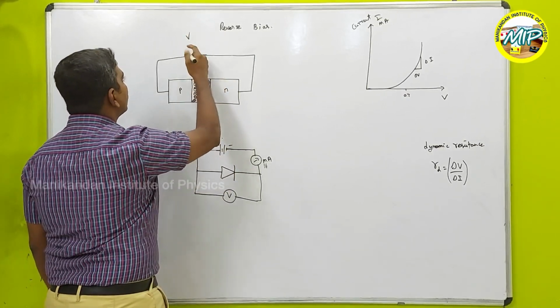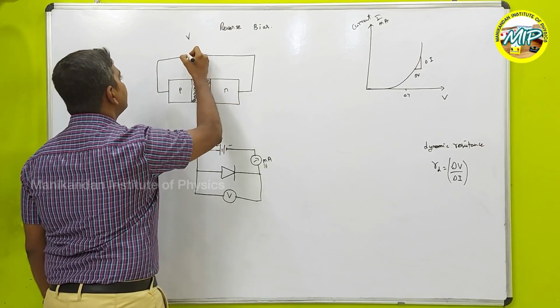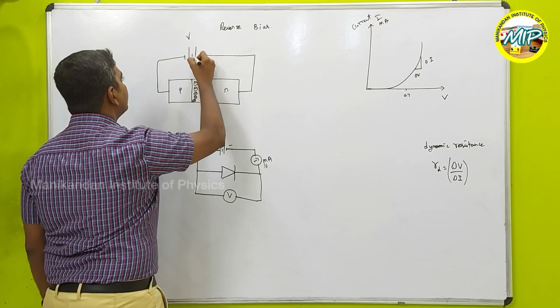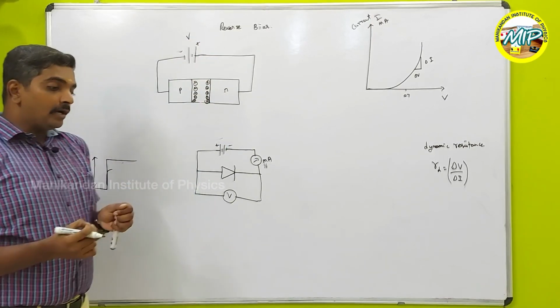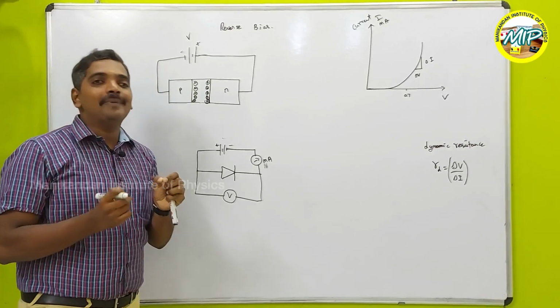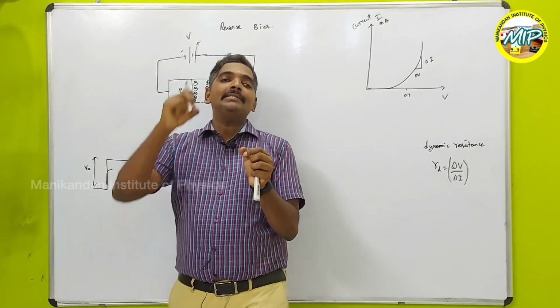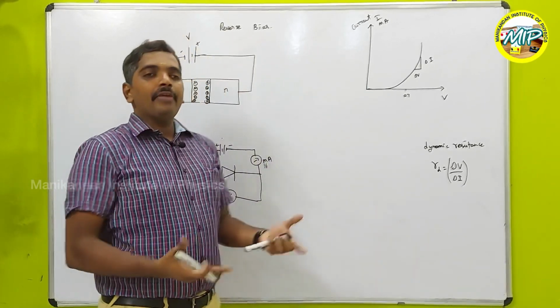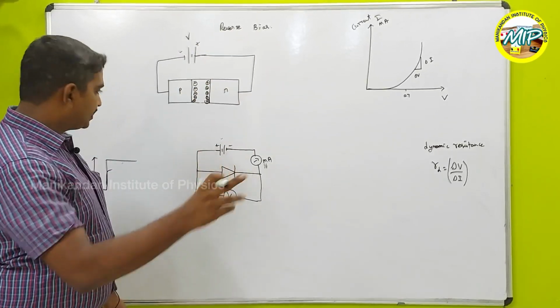So I have to reverse this, sorry. If I connect the negative side to P, it's called reverse bias. P side positive means forward bias, P side negative means reverse bias. So in this case, P side is negative, so it's called reverse bias.